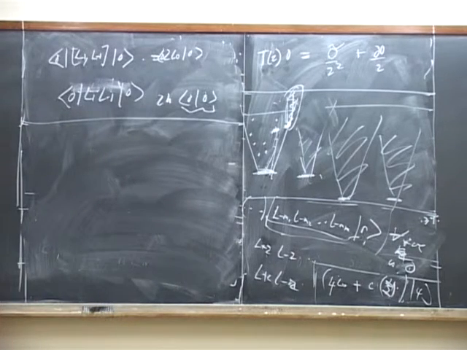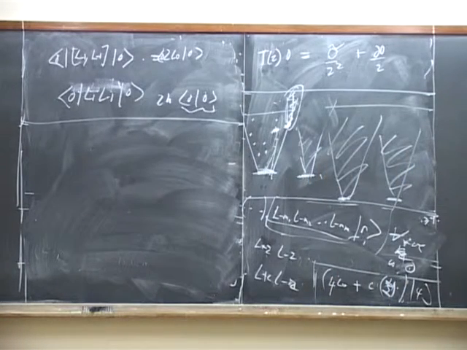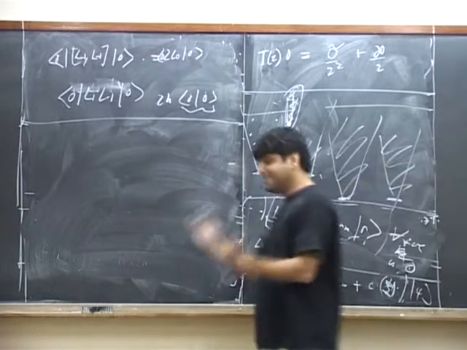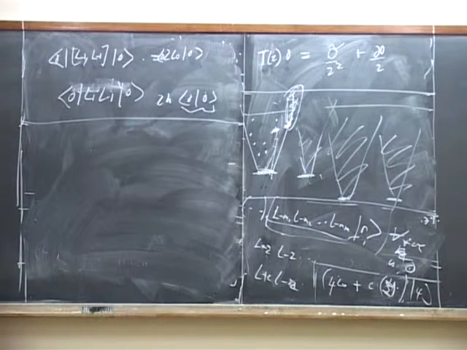So the first assumption was not restrictive. What about L1 being the Hermitian conjugate of L minus 1? This is manifestly true because of the way we are doing our quantization.